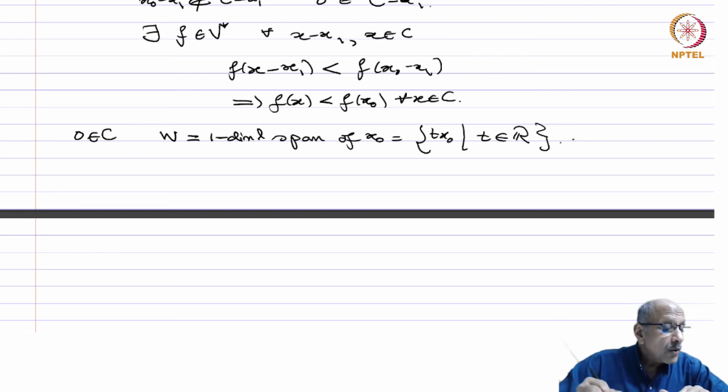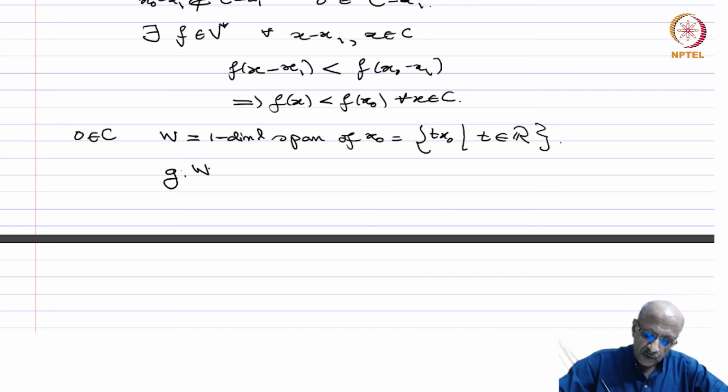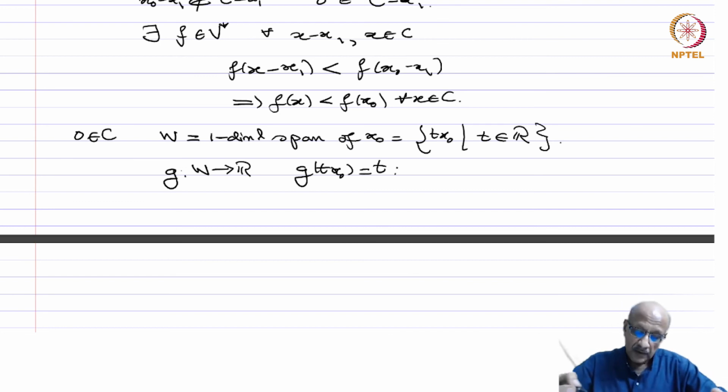So now we define g from W to R. So g of t x naught equal to t. Okay. So this is for every t in R, and therefore this defines a linear functional on W.